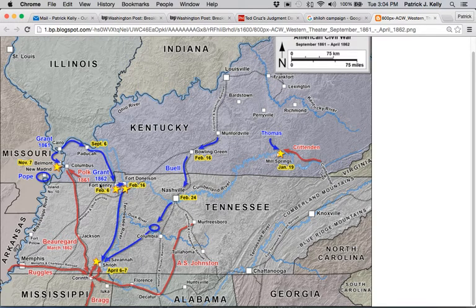There's not one single brain, so to speak, coordinating activities for the entire Union Army in the entire United States. That doesn't happen until the spring of 1864 when U.S. Grant is taken from the West. Lincoln brings him up to Washington, D.C., and Grant gains command of the entire Union Army, and he begins a coordinated campaign against all Confederate forces, both East and West. But we're in 1862, and that has not happened yet.